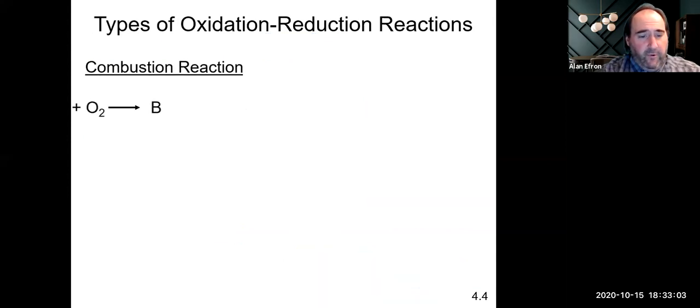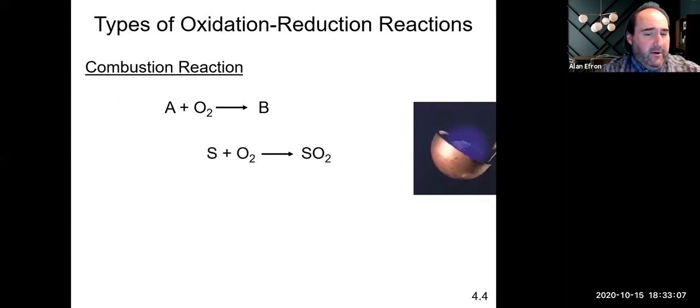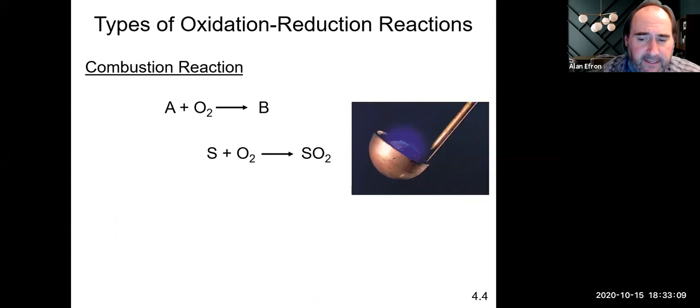Another group of redox reactions are combustion reactions. And there's really two ways to say this. This is one type of combustion reaction, and your basic general definition of a combustion reaction is essentially you just need O2 to be involved.